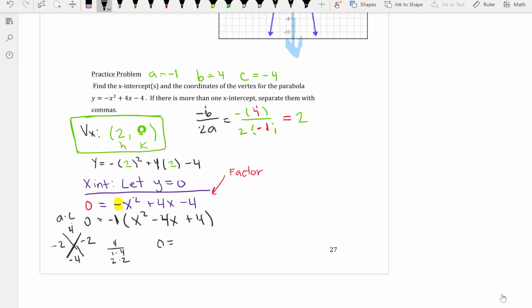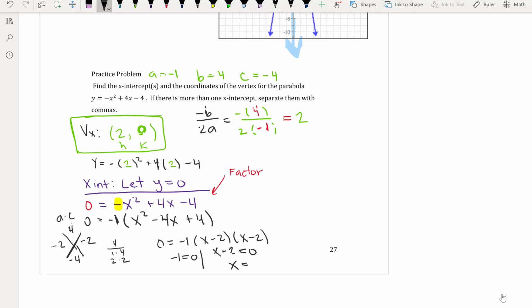So 0 is equal to -1, and then I have my (x minus 2) and my (x minus 2). So when I solve for this, -1 is equal to 0, and x minus 2 is equal to 0.